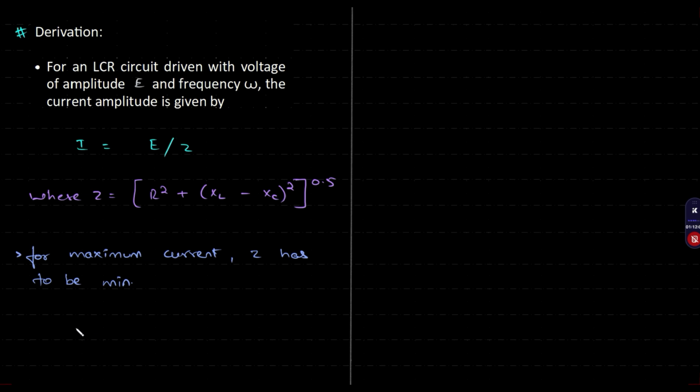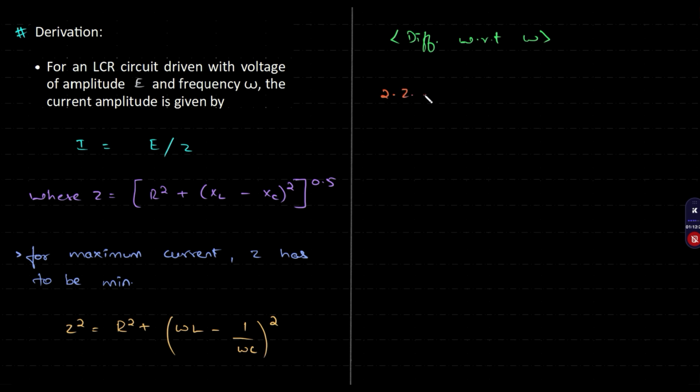So let's do one thing. Let's rewrite Z square as R square plus omega L minus 1 by omega C the whole square. Let's differentiate this with respect to omega. That's the one which is varying, is it not?